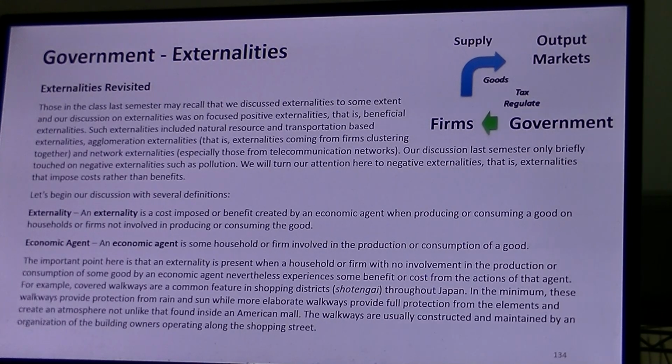An economic agent is some household or firm involved in the production or consumption of a good. Very simply, an externality is present when a household or firm with no involvement in the production or consumption of some good nonetheless experiences some benefit or cost brought by the actions of that agent.